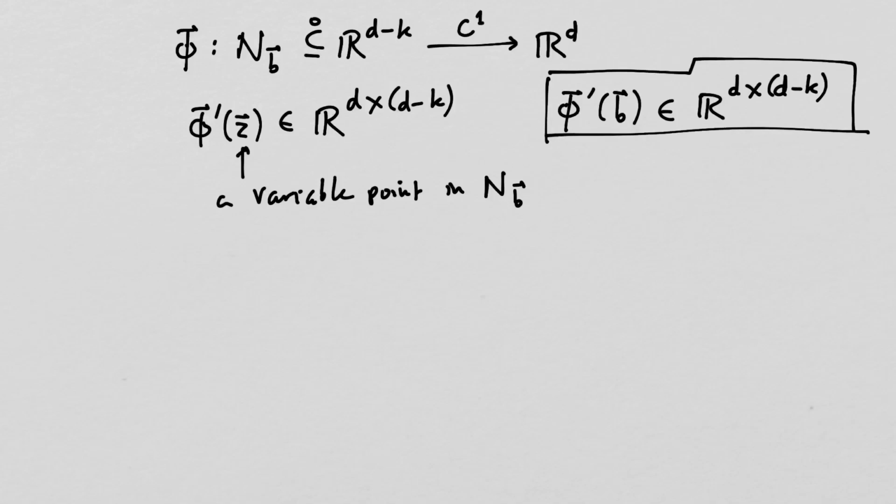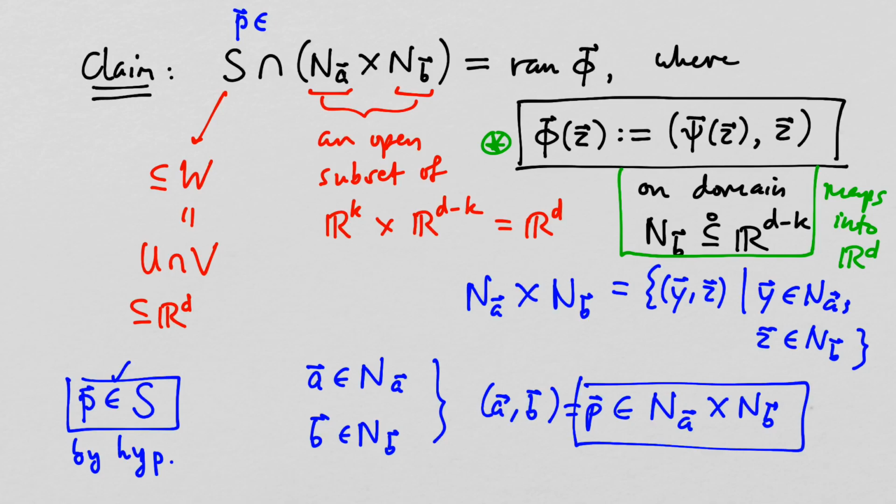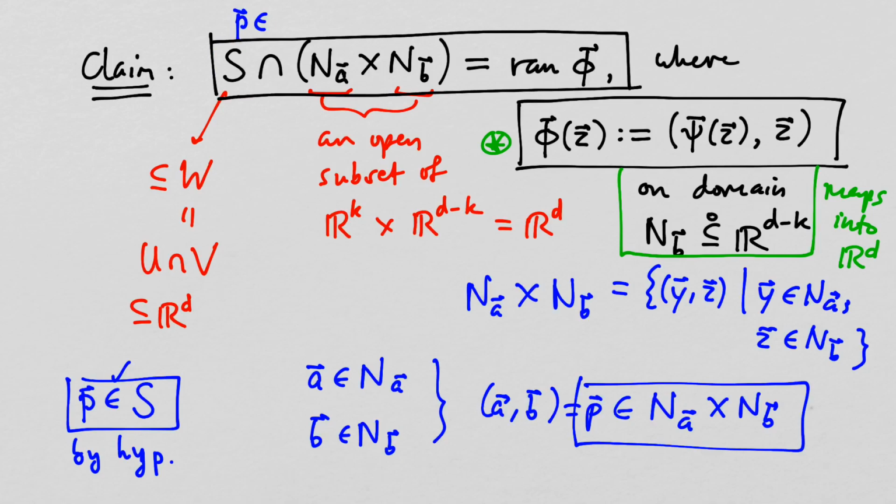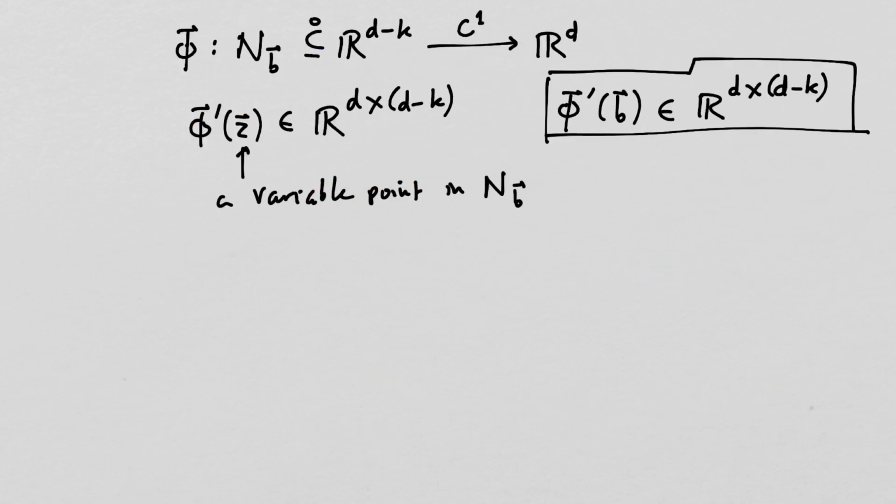Okay, great. Now, I still have this claim back here. I made this claim we have to establish. This intersection is also equal to the range of that function phi. Before I prove the claim, let me just explain the meaning.